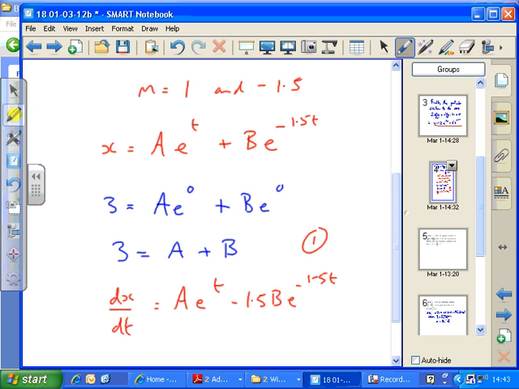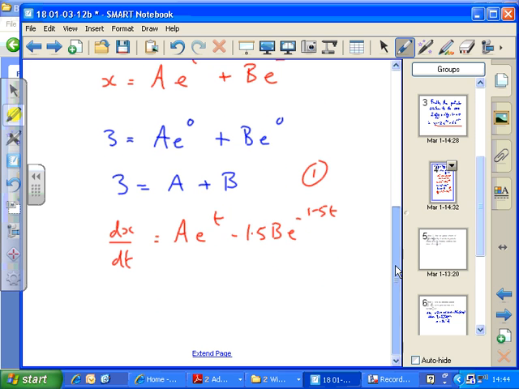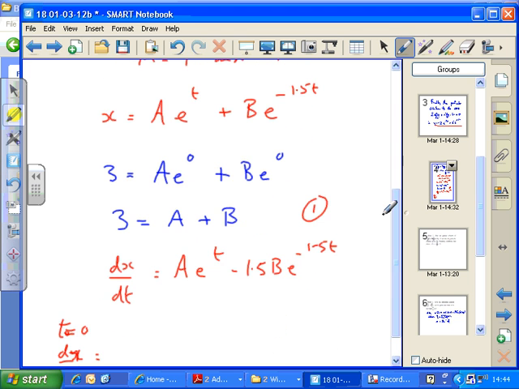And then we put in our second set of initial conditions, which are that t equals 0, dx by dt equals 3.